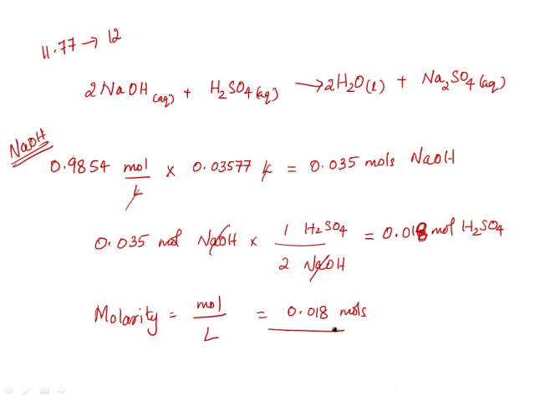It says 20 ml in the problem. So convert that to liters, which is 0.02 liters. So that will give you the molarity of the H2SO4. So what is the molarity? 0.9 M H2SO4.